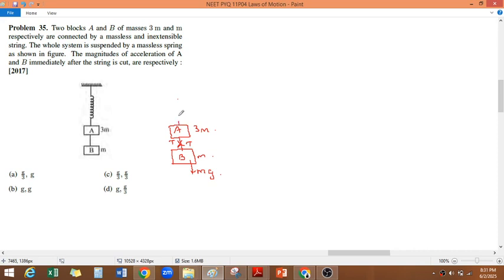And there must be some spring force acting from the spring which is holding it, right? Otherwise it will fall down. And one more force which is acting is 3mg, because 3mg is acting downwards.